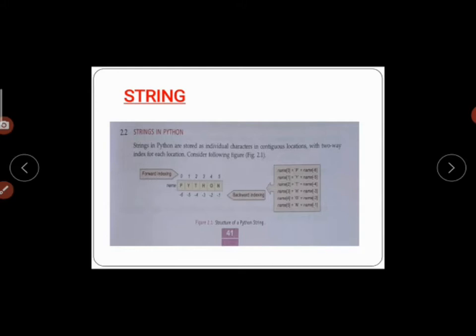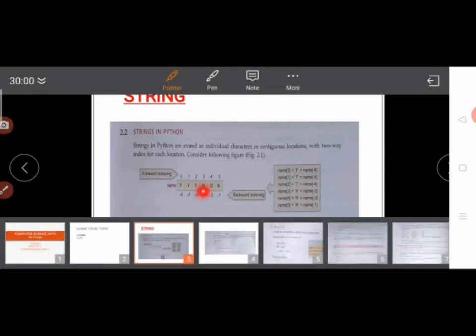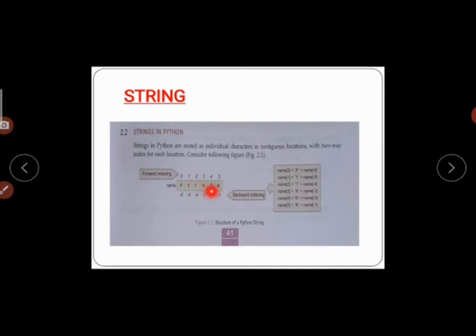Those are shown in the figure. A string in Python is stored as individual characters in contiguous locations with two-way indexing for location, meaning indexing like an array. The values are stored with their index.